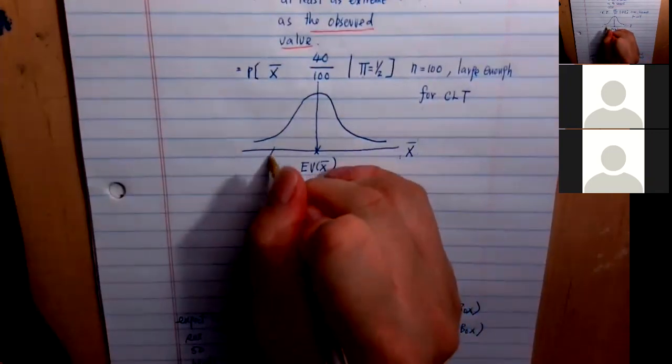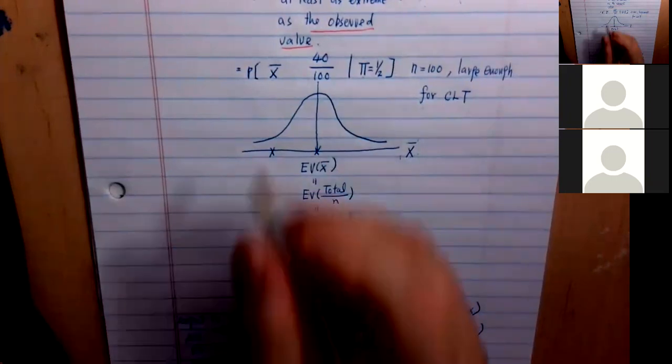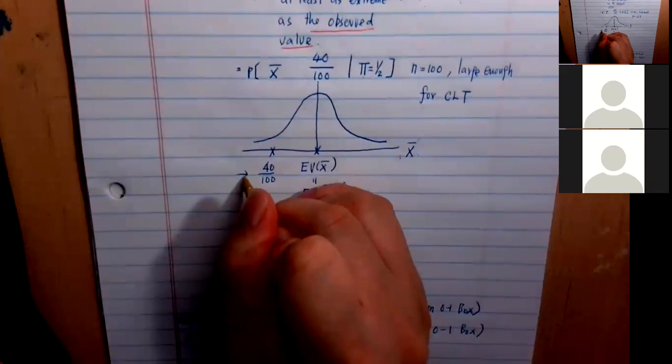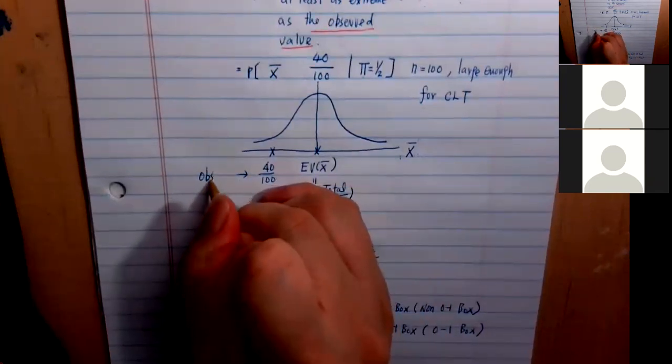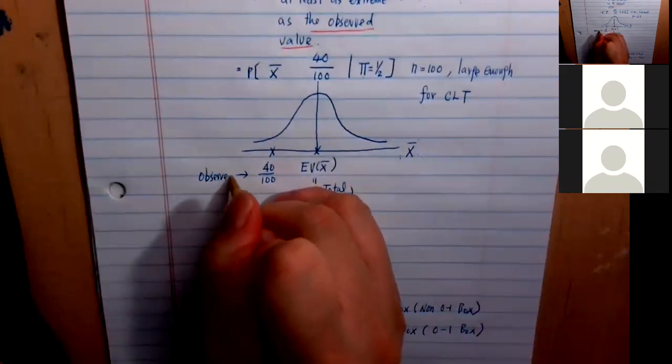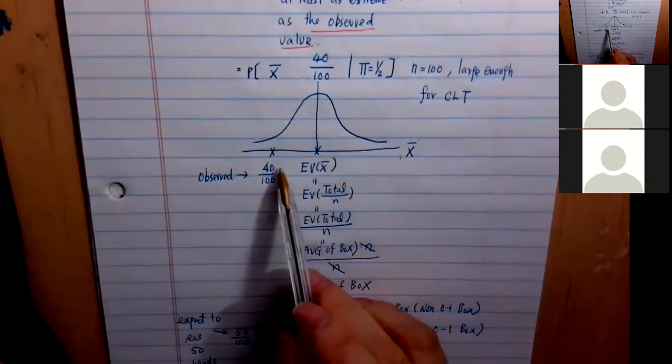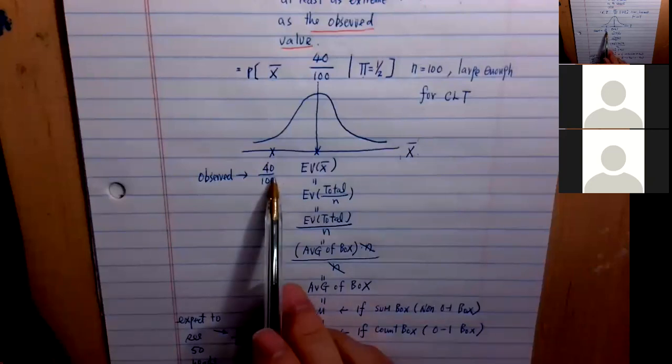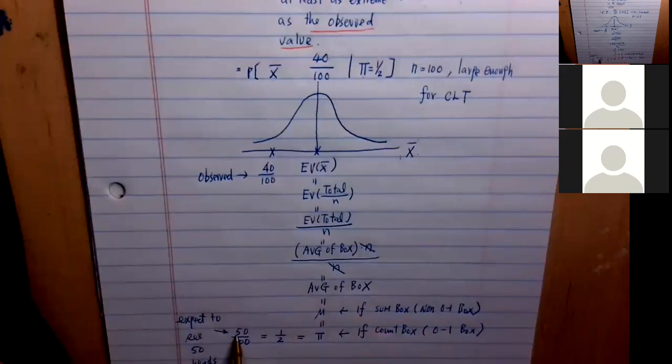But what I actually observe is not 50. What I actually observe is only 40 out of 100. There is a difference between what I observe and what I expect.